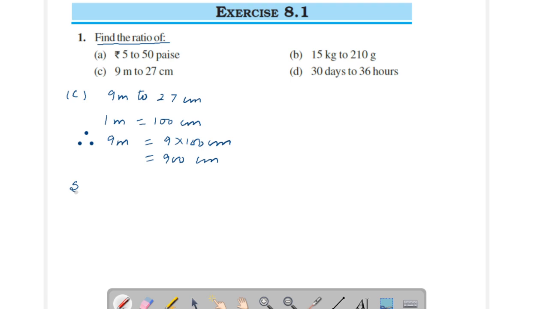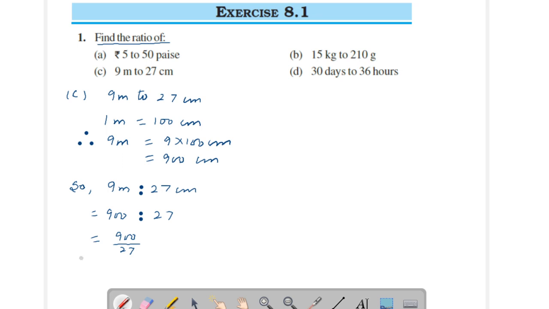So 9 meter ratio 27 centimeter can be written as 900 centimeter ratio 27. Write in fraction form. It is 900 upon 27. Here simplify it.